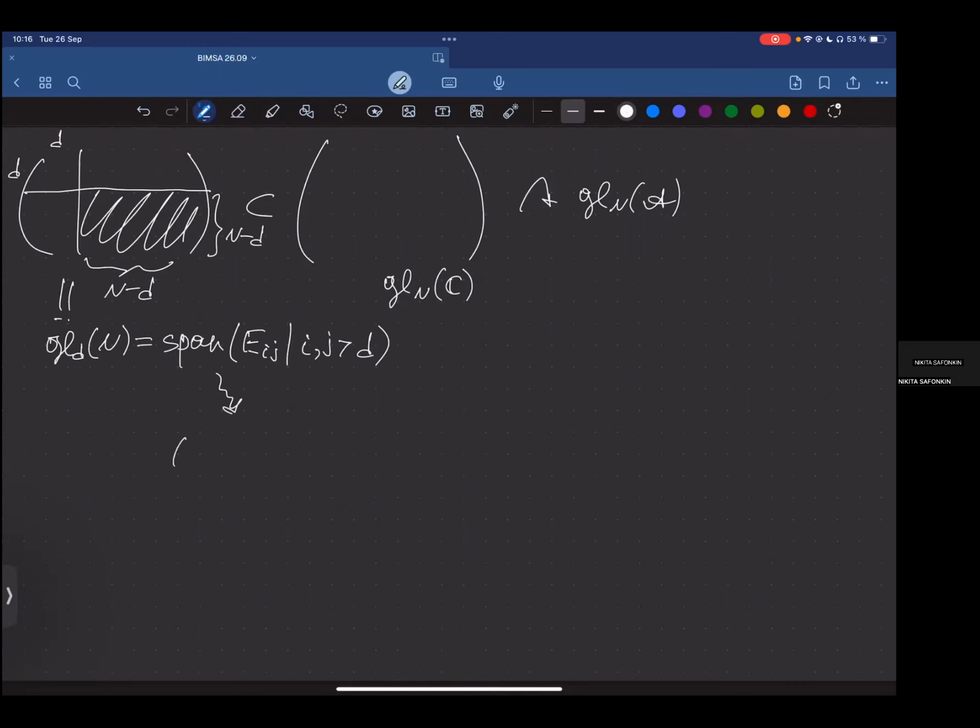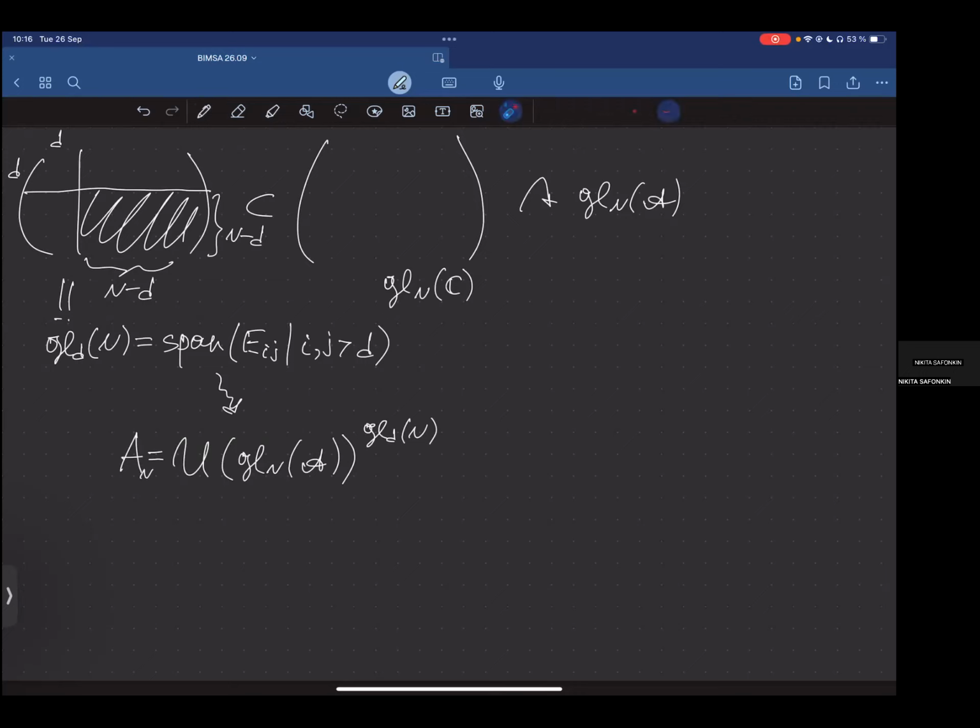And then we can consider these invariants. The only thing that remains to explain is the projections. So let me denote these invariants by A_n.